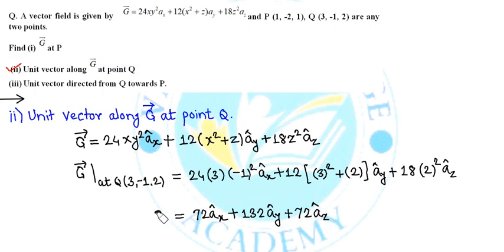So this is your given vector G at point Q, having coordinates 3, -1 and 2.